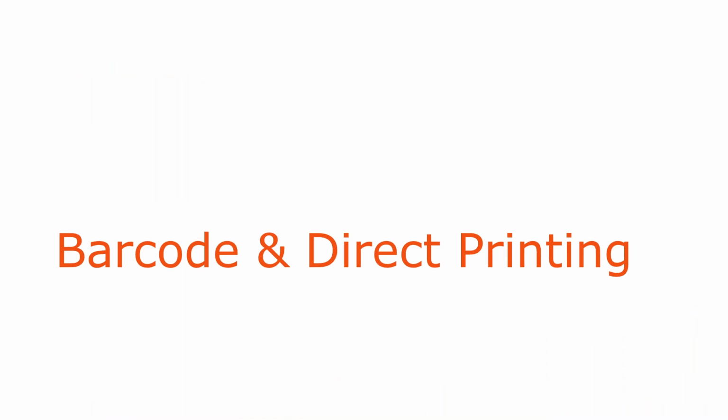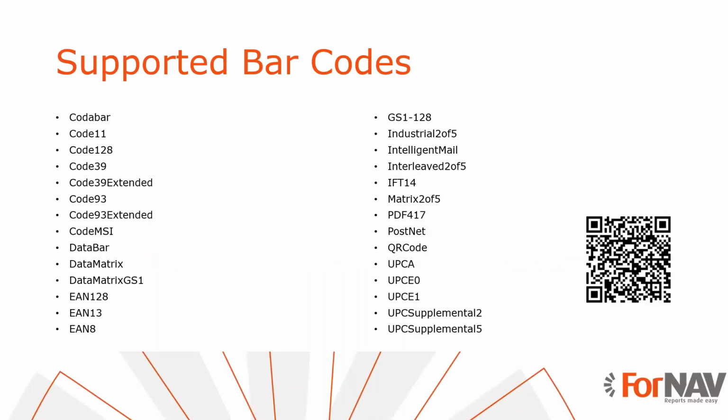So let's dive into direct printing, because I'm actually guessing a lot of you came to see that in the webinar today and see how we can do that and how that works together with barcodes. So out of the box, the supported barcodes is this list, and we think it's a complete list.